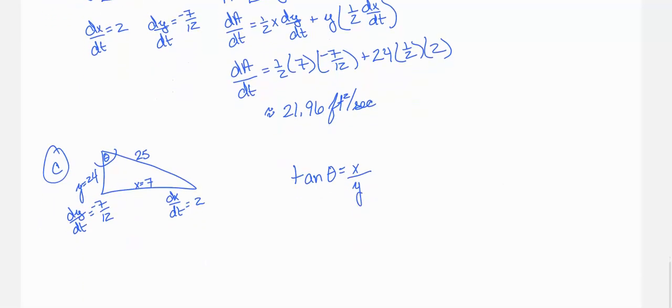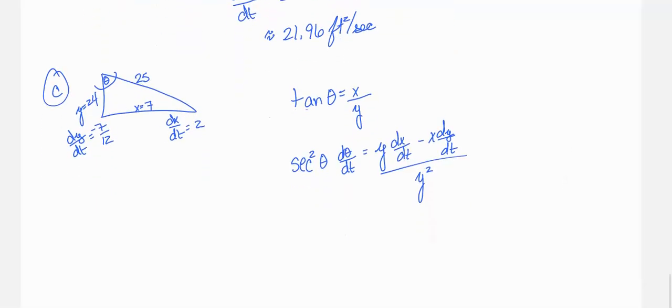So let's take the derivative. The derivative of the tangent is secant squared. And then if we take the derivative of the angle, it's going to be d theta over dt. This is a quotient rule. Bottom times derivative of the top minus top times derivative of the bottom all over the bottom squared. So I'm going to clean this up a little bit.